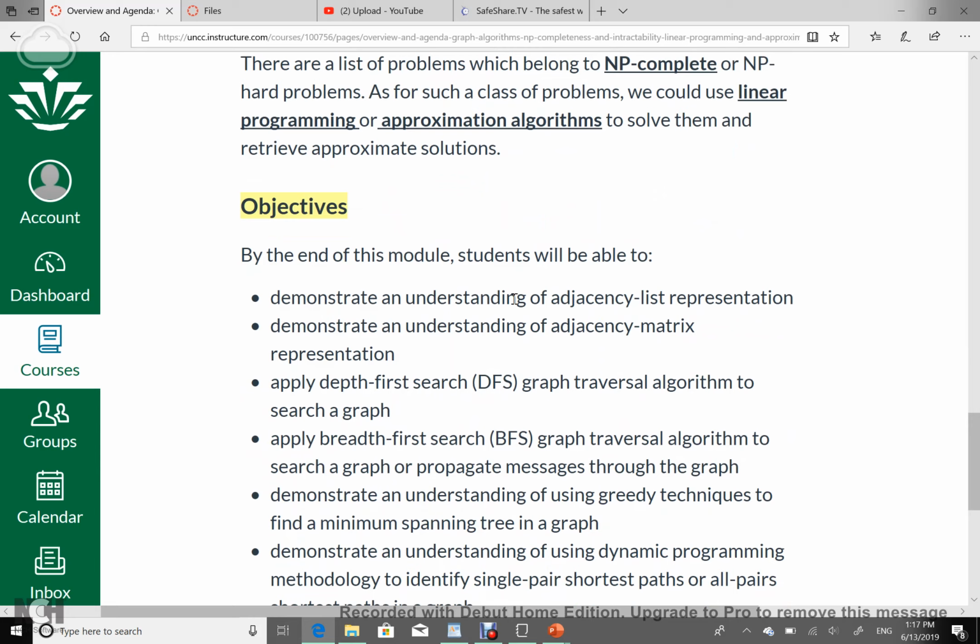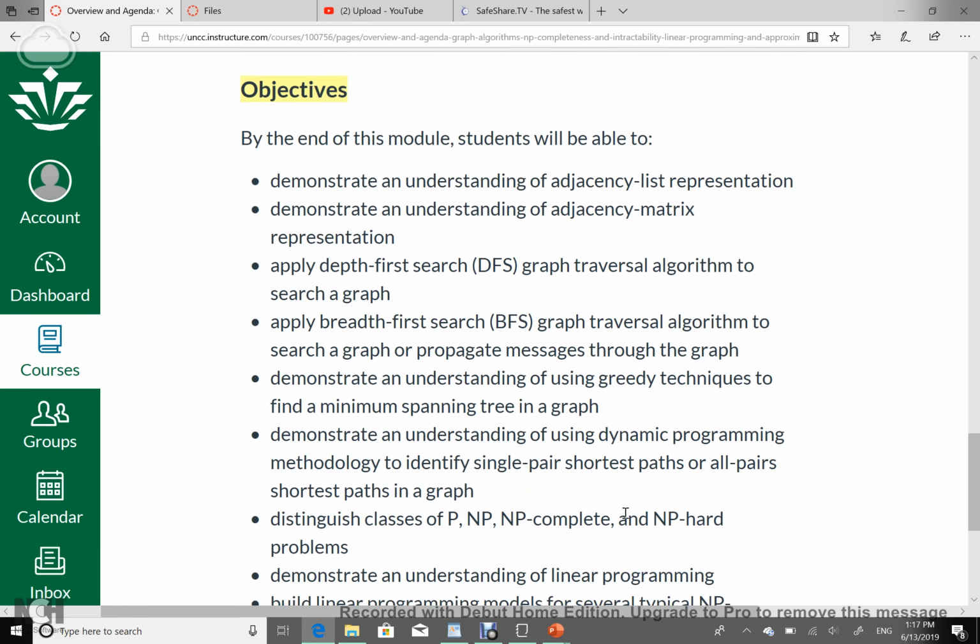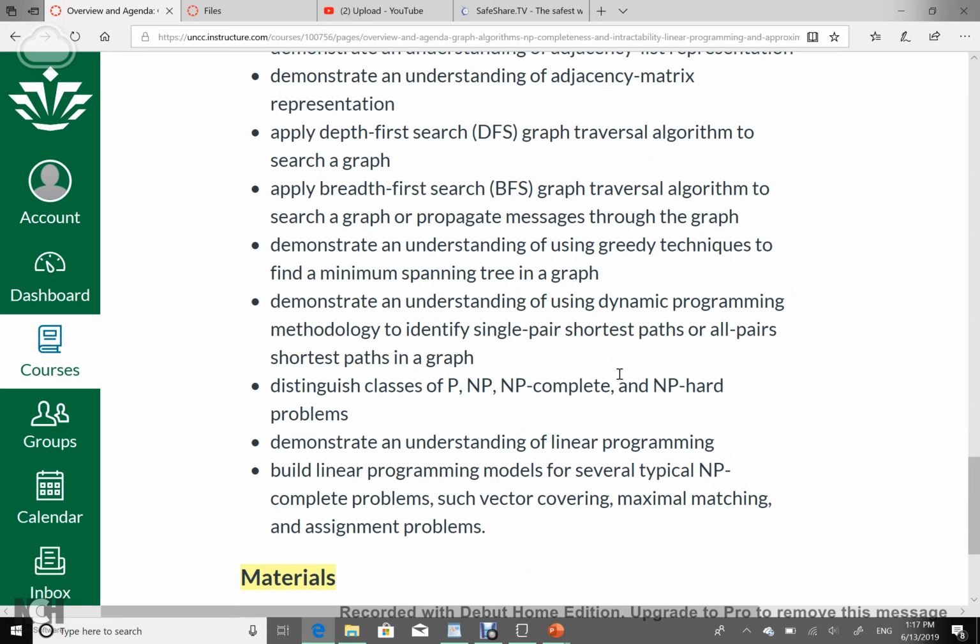By the end of this module, students will be able to demonstrate understanding of different graph representations, different traversal algorithms, and different typical algorithms, and distinguish classes of P, NP, NP-complete, and NP-hard problems. We'll give you some examples. We just need to focus on these examples. You do not need to do an exhaustive search for that.